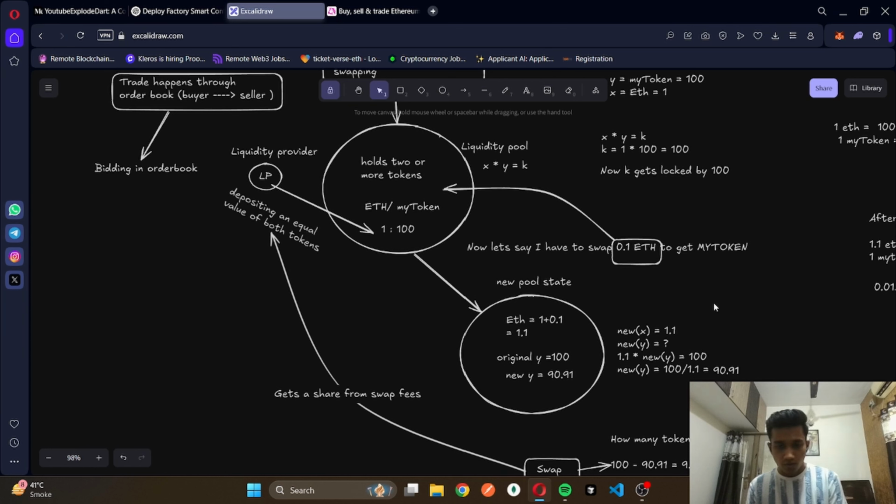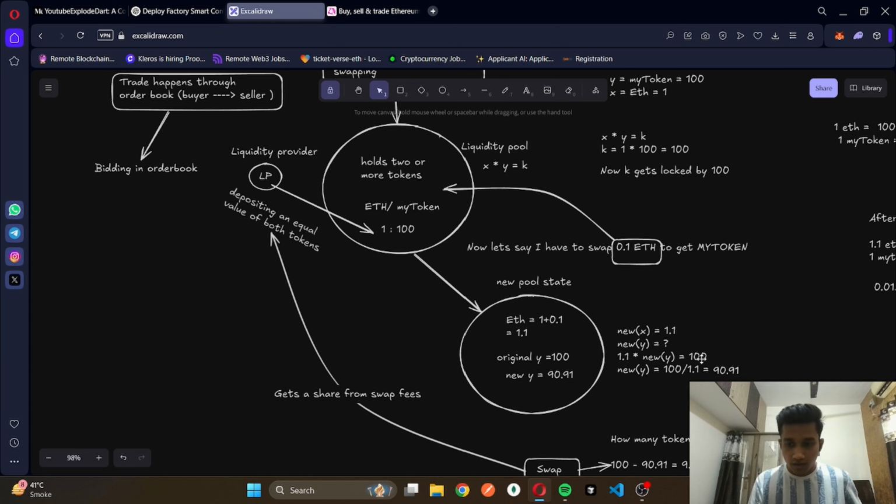But now, as the ETH is 1.1, the new X is 1.1, then what will be the value of Y? Using this formula we will get the value of Y, because the value of K is 100.